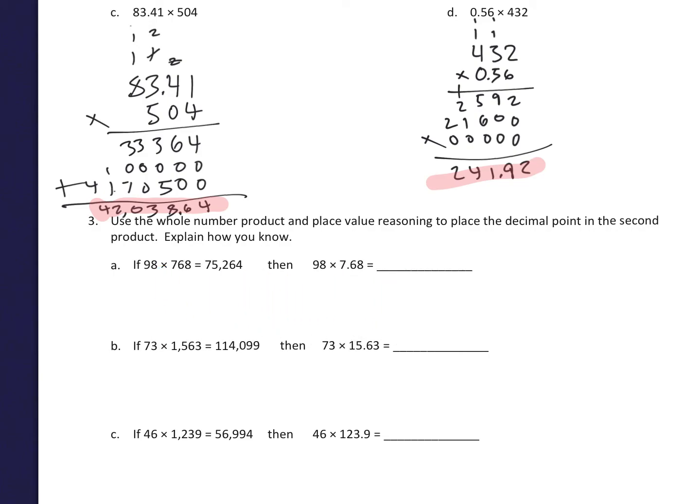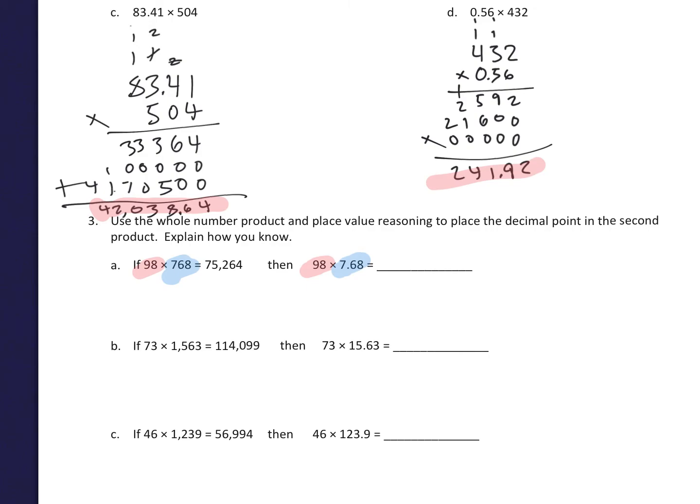Now let's notice they both have, I'll color code this real quick, 98, 98. And then the 768 is just like 768 hundredths right over here.